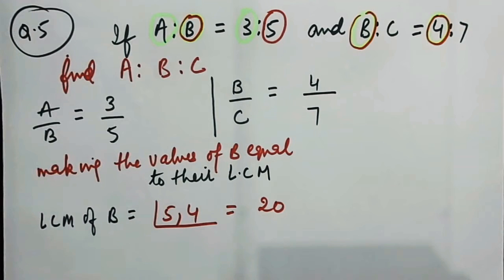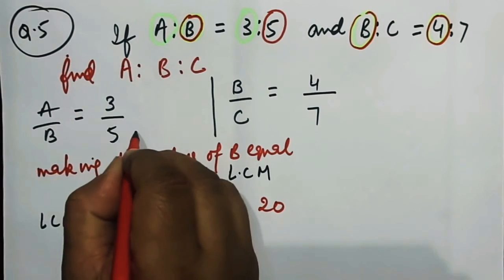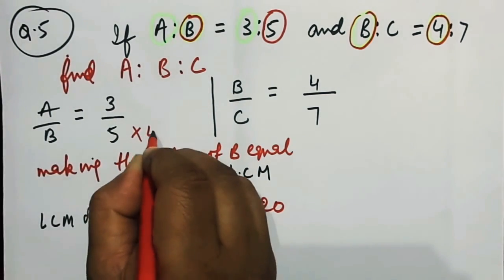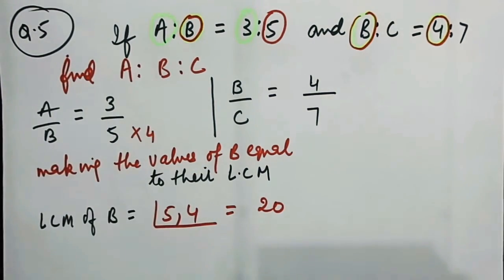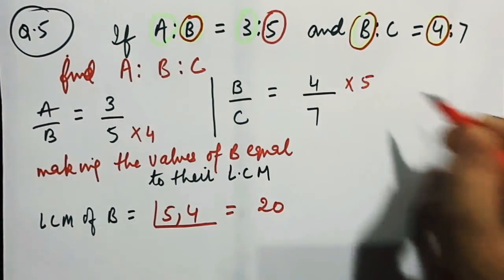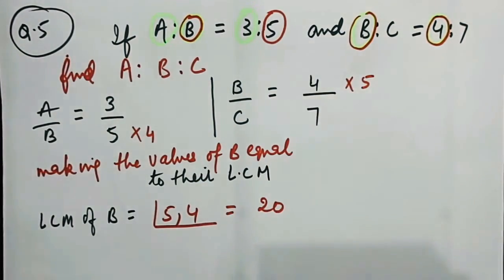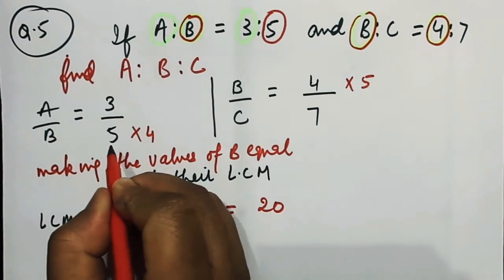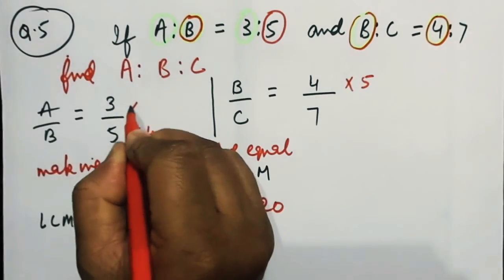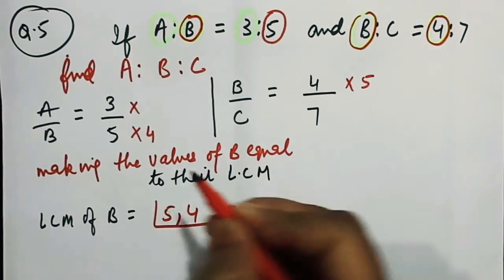Now I am going to make the value of B equal to 20. Let me multiply this B by 4 in order to make it 20, and this other B by 5 in order to make it 20. Now whatever I do with the numerator or the denominator, I do the same thing with the denominator or the numerator.